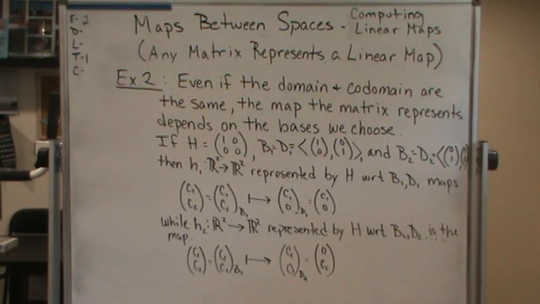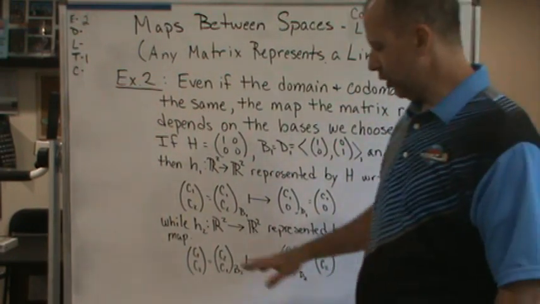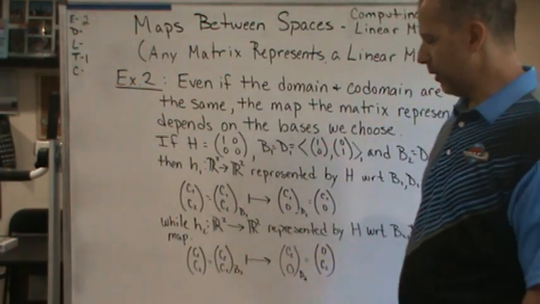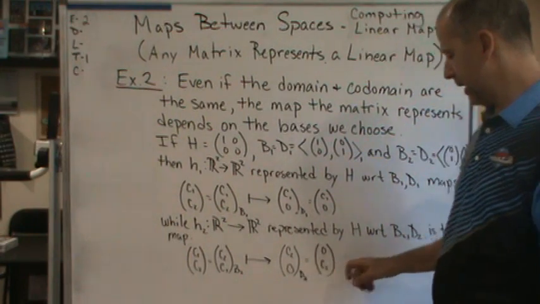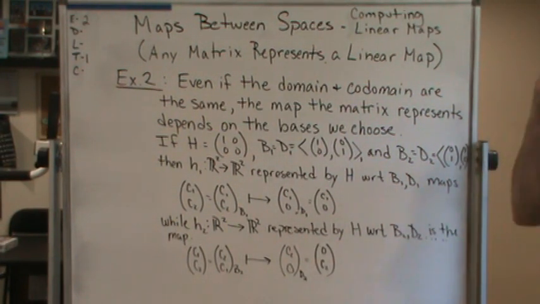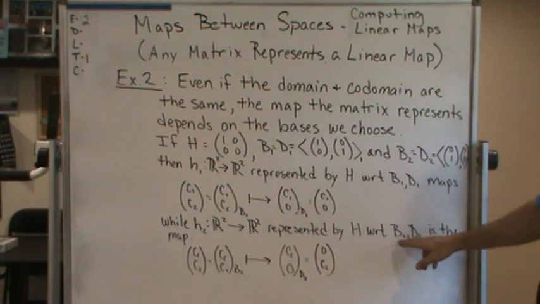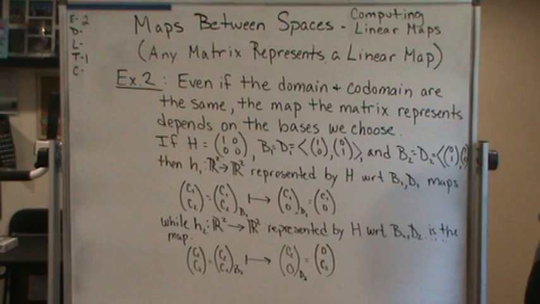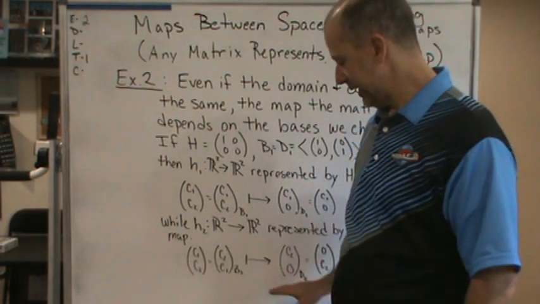Okay, now let's look at H2. H2 is also a mapping from R2 to R2 represented by H, now with respect to the bases B2 and D2. This is the map that's given here.